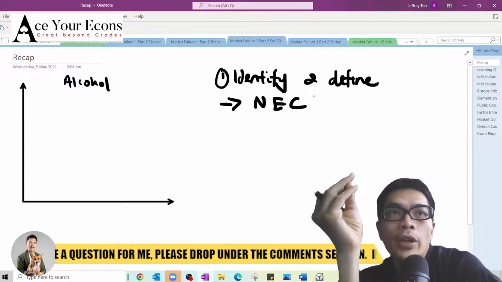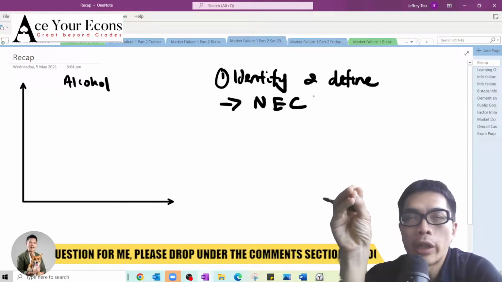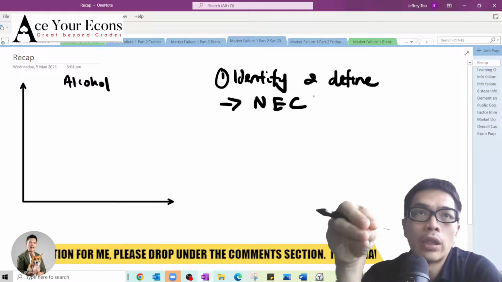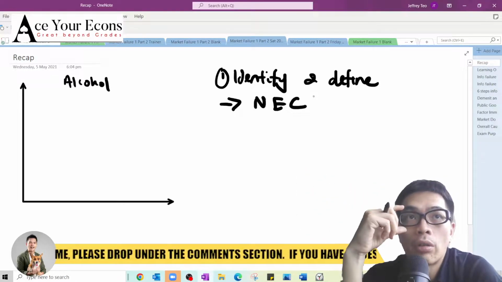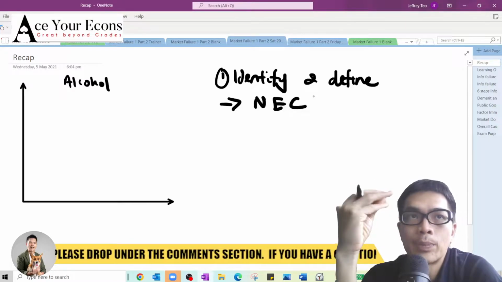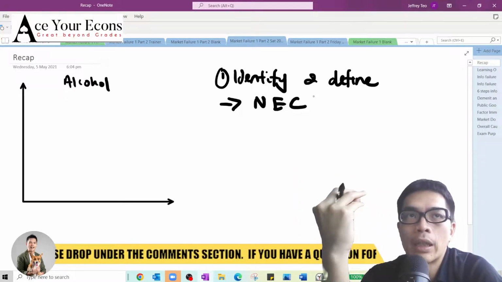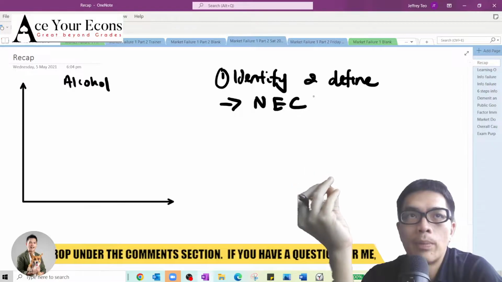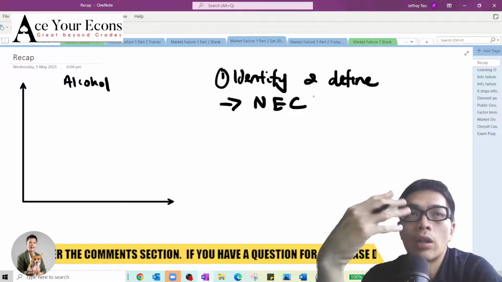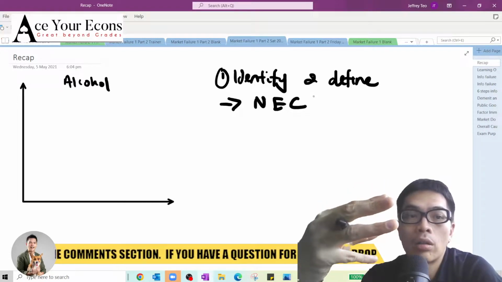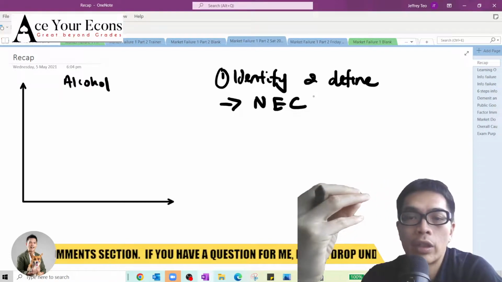So it pays off for you to quickly define it with respect to the extract. If the extract tells you alcohol, we want to illustrate that these are spillover effects or third-party costs that are borne by others. They are not accounted for by the consumers in the consumption of alcohol. So this is how you want to be specific.